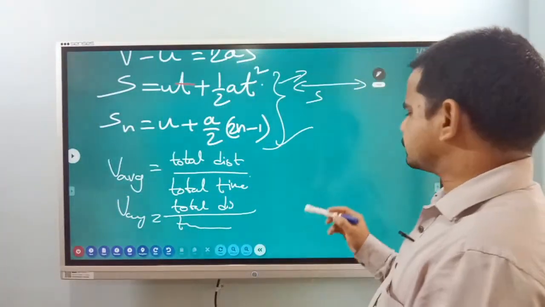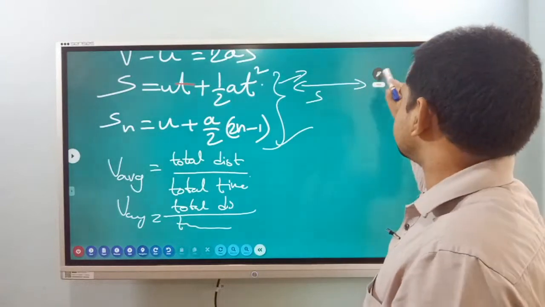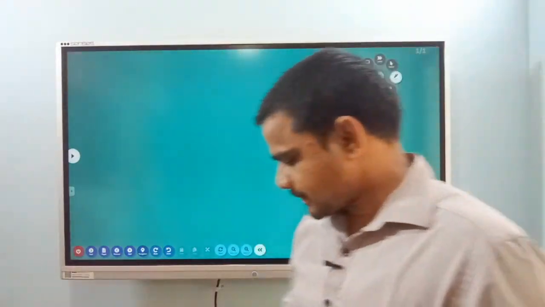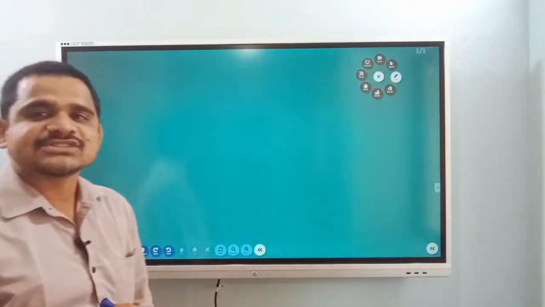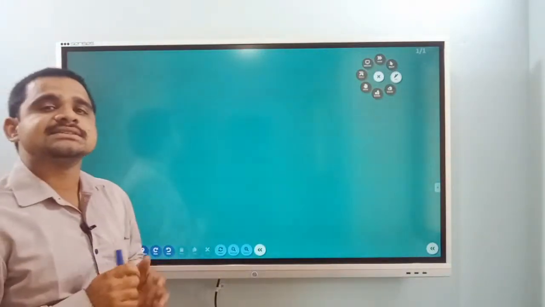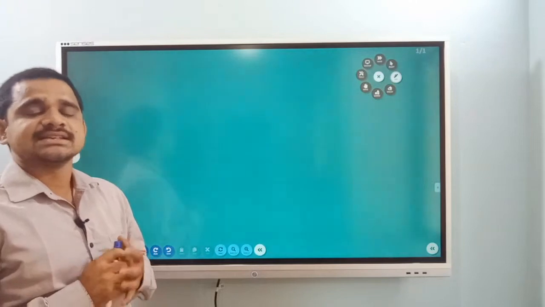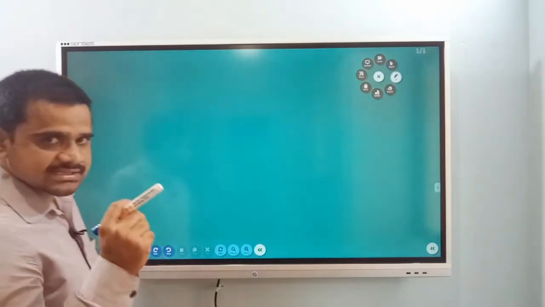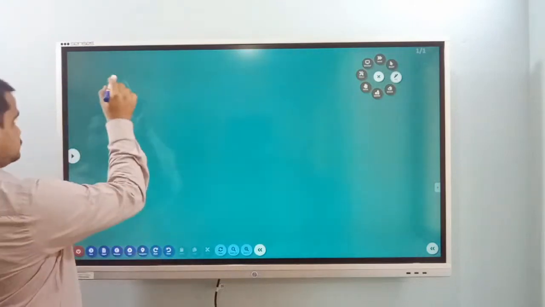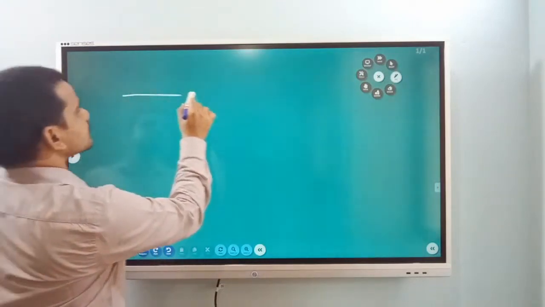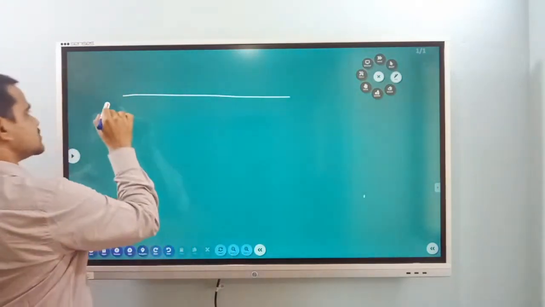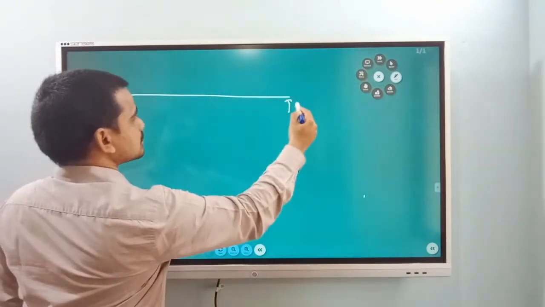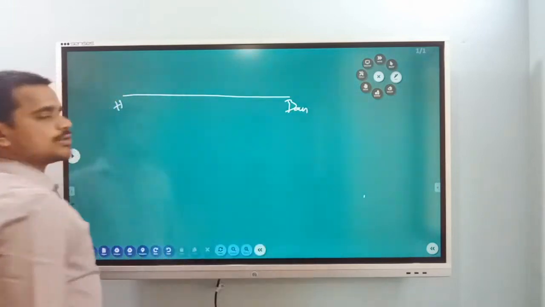And next, what we are going to see now is instantaneous velocity. Instantaneous velocity in sense here: let's consider you are going from your hometown to Bangalore.